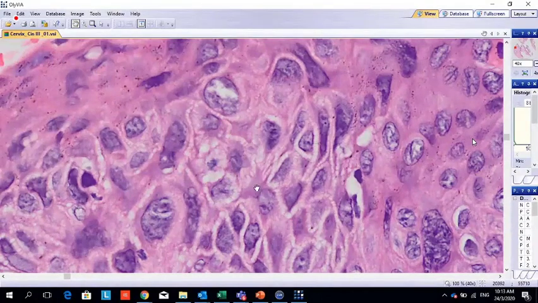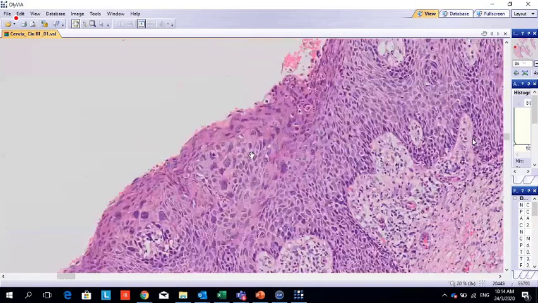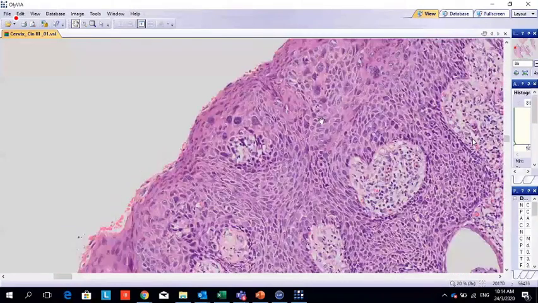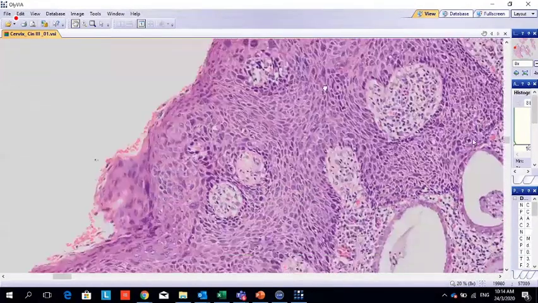In poorly differentiated or moderately differentiated squamous cell carcinoma, you cannot see this kind of intercellular bridge, only in well differentiated. This dysplasia is still pre-malignant, so the cells are still well differentiated.